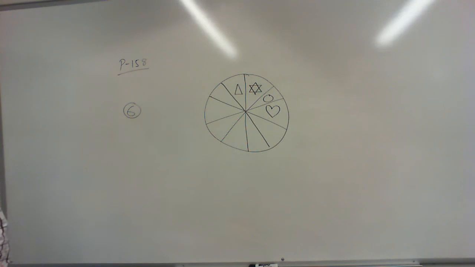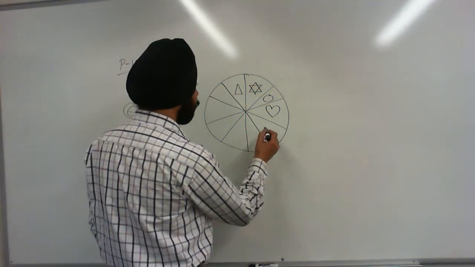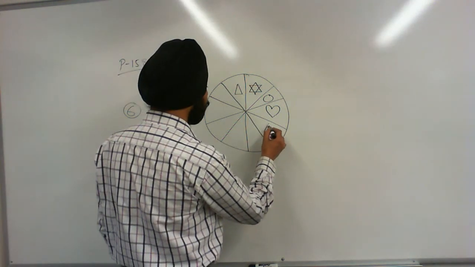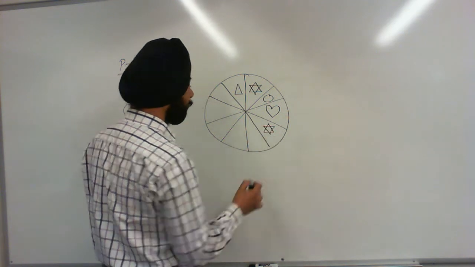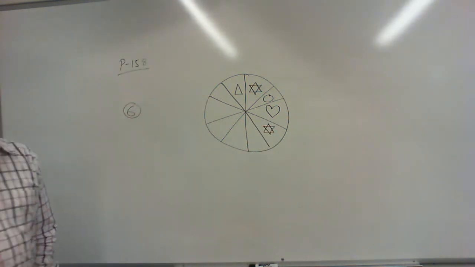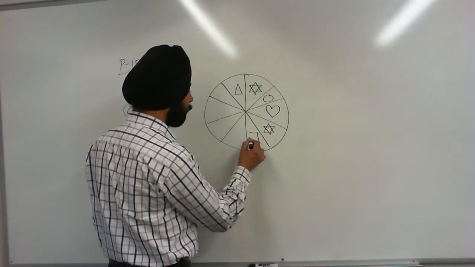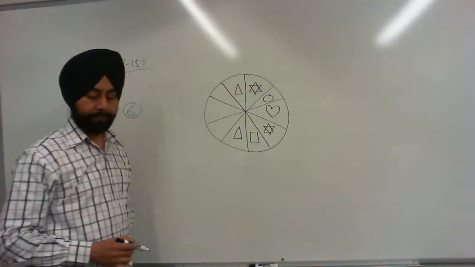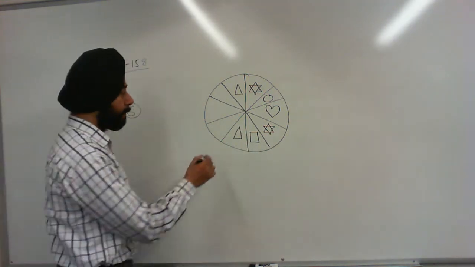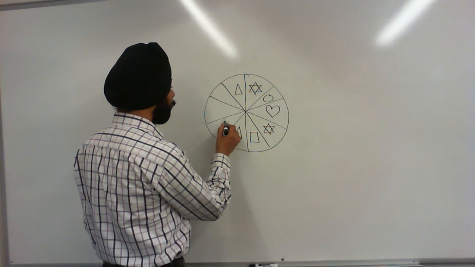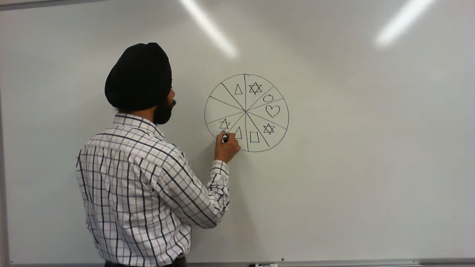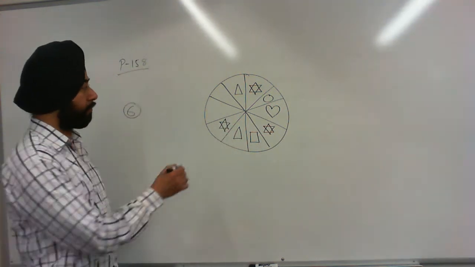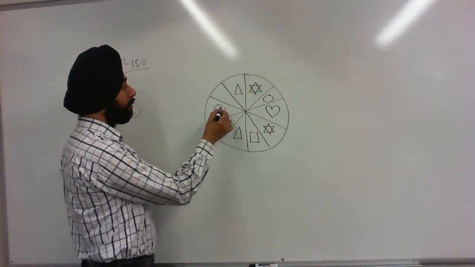Next one. Square and triangle. Star. Star again. Circle and heart.